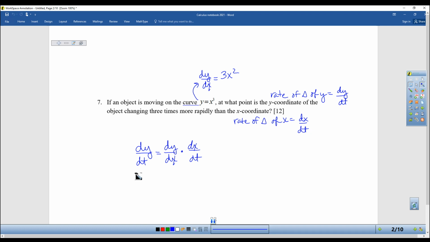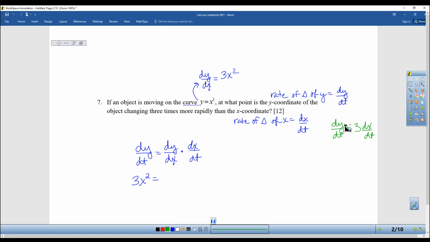But their question is, when is the y-coordinate changing at a rate 3 times the rate at which the x-coordinate is changing?